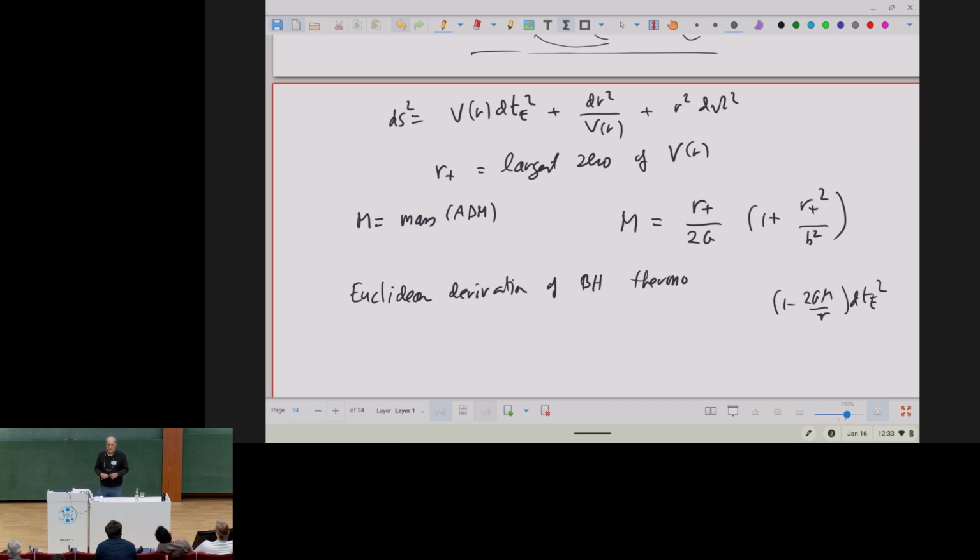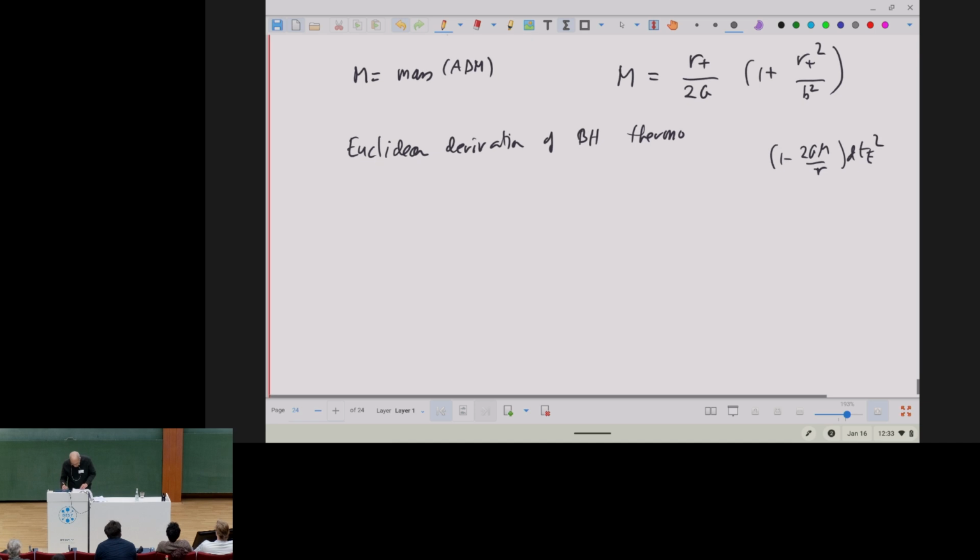So similarly, the right change of variables will show that r equals r plus is like the origin of polar coordinates, and Te has to have the correct period to make the metric smooth. So if you do that exercise, you'll find that the black hole is smooth if Te has period beta, where beta is 4 pi r plus times b squared over (b squared plus 3 r plus squared).